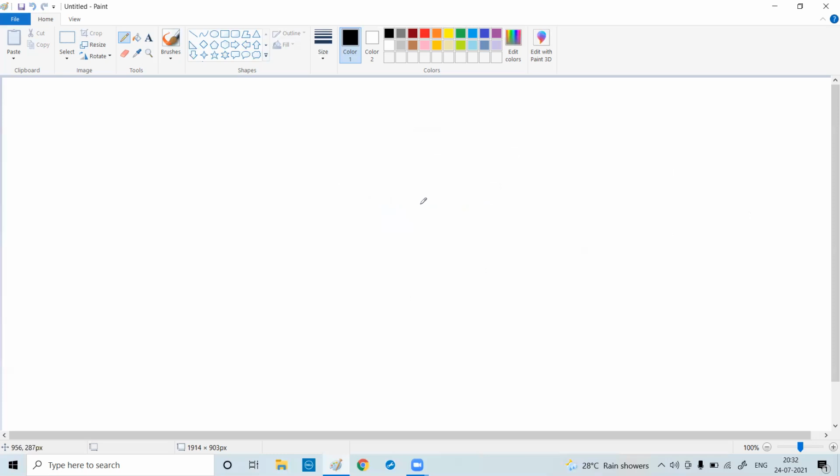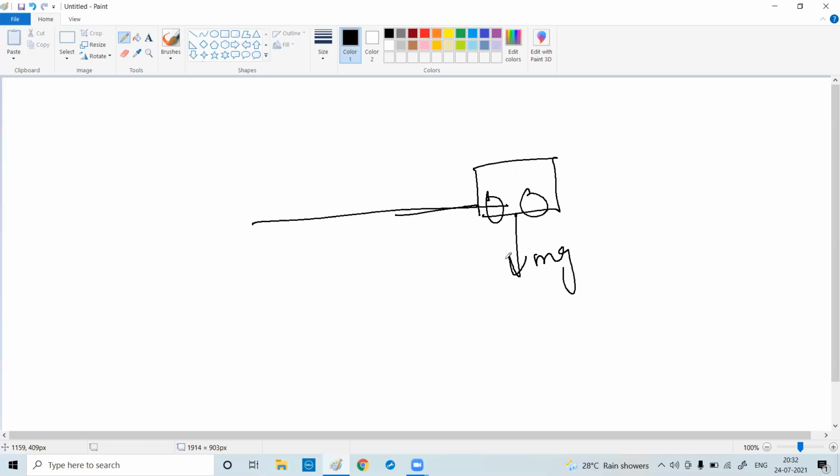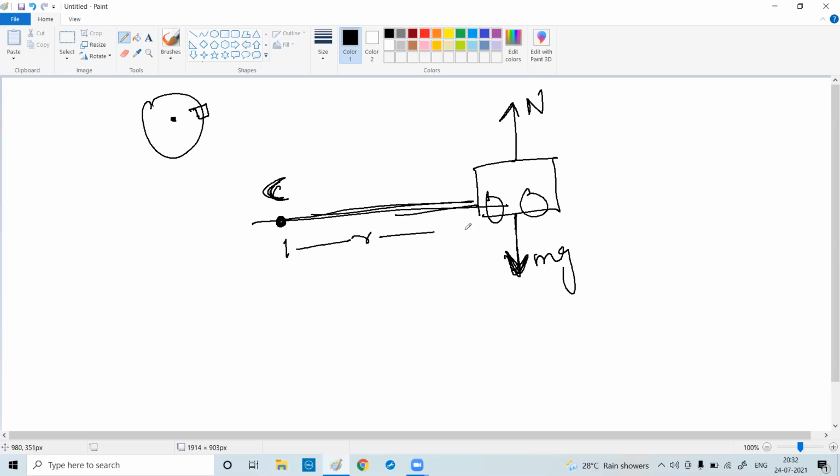So let us assume that your circular path is like this, and your car is here. You know very well the car has a weight which is downwards, and when the body has a weight, it will have a normal force in the upward direction. This is the center of curvature, and this is the radius of the circular path, the circular track.